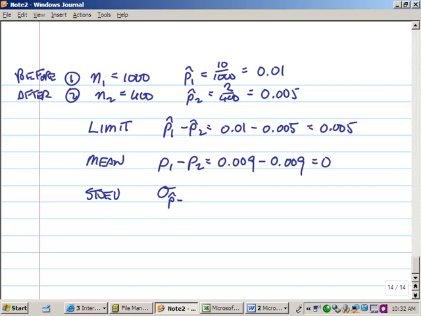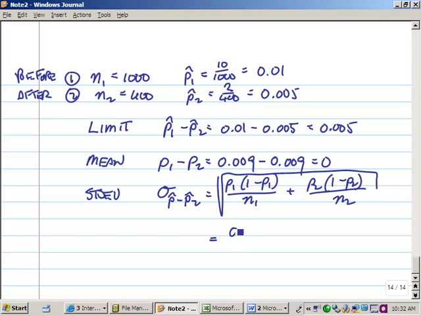of p hat 1 minus p hat 2 we'll calculate. It's the square root of p1 times 1 minus p1 on n1, plus p2 times 1 minus p2 on n2.